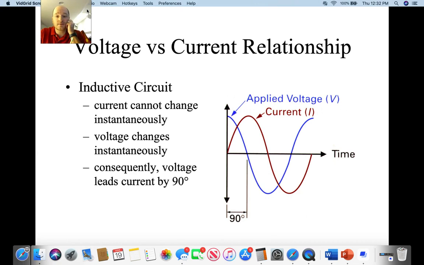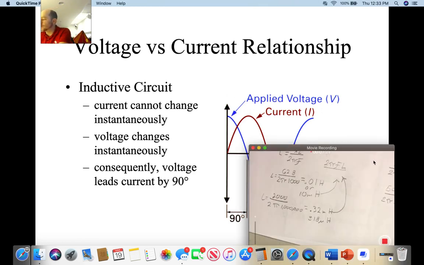In an inductive circuit, current cannot change instantaneously. Voltage does change instantaneously. Consequently, the voltage leads the current by 90 degrees.